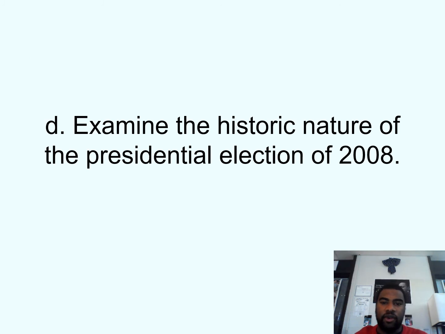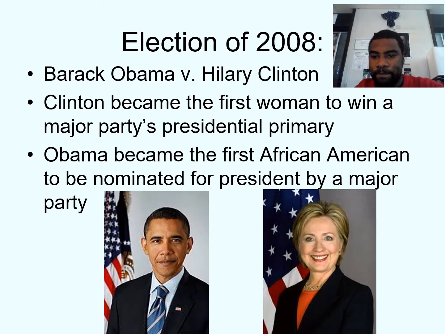D. Examine the historic nature of the presidential election of 2008. All right. In the election of 2008, Barack Obama versus Hillary Clinton. This was the battle between two political individuals that both were senators at the time.